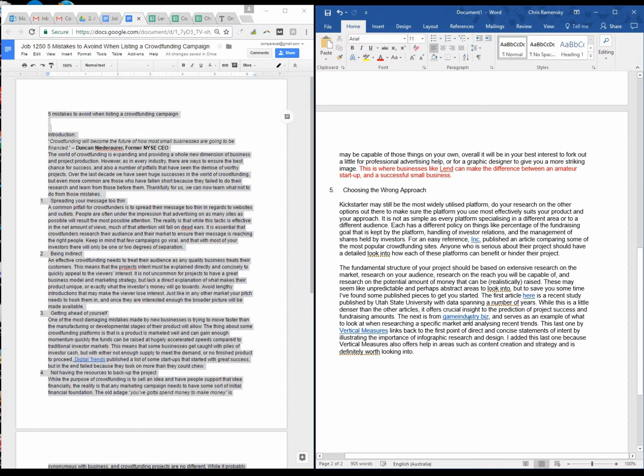Okay, I just want to tighten that up a bit to be a little bit more self-confident. The fundamental structure should be based on extensive research.